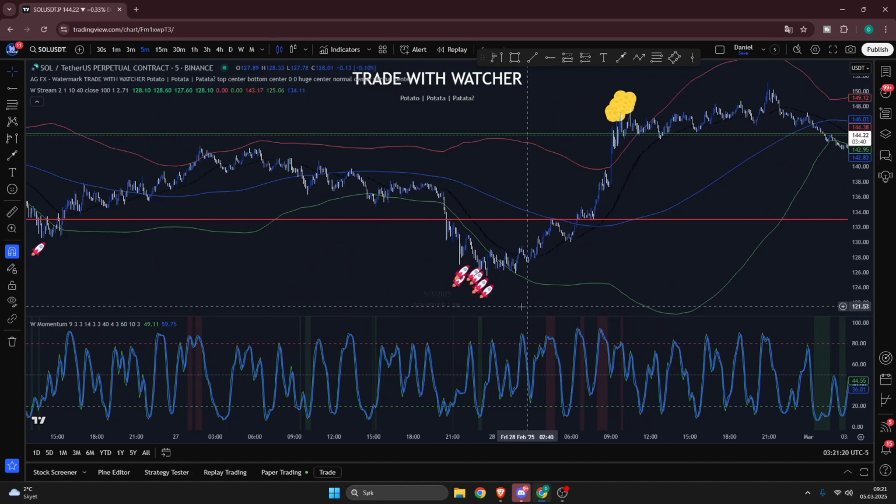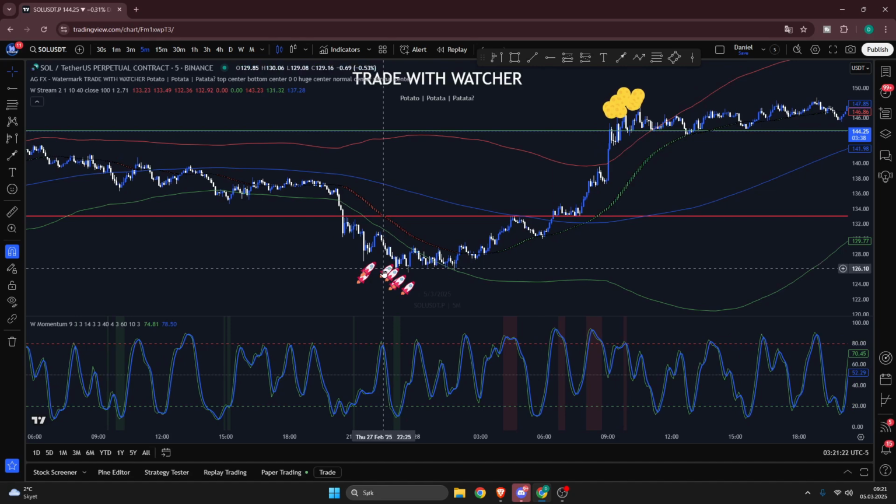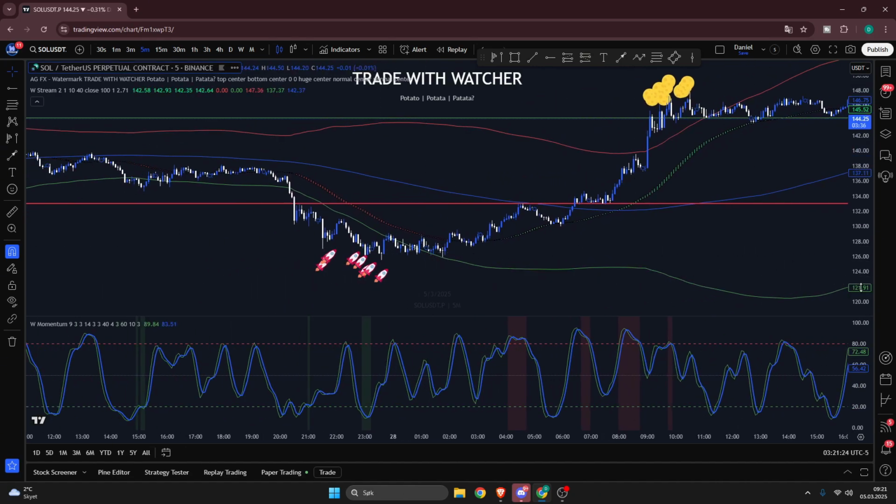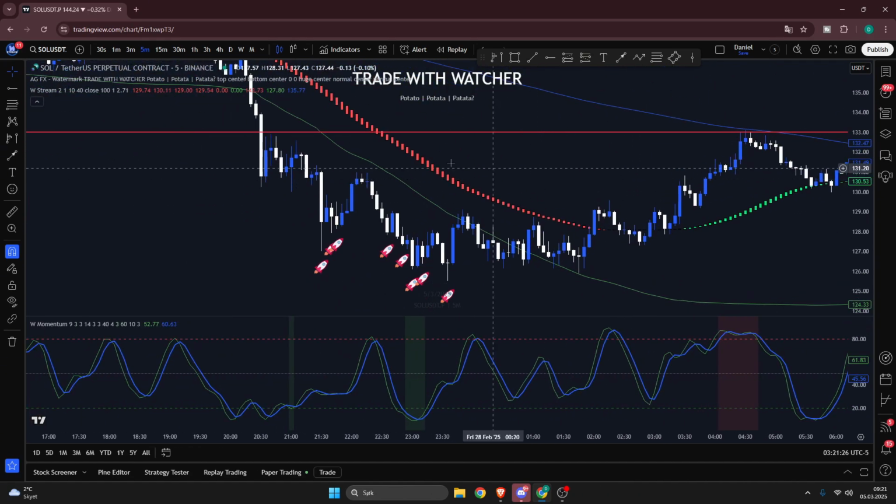So let's see here. Did we get any divergence right here? This is a good example right there. Price coming down, looking for price to give us some kind of momentum decrease in here. You can see that this low right here, and then price made a new lower low right here, and then price started to go to the upside. It didn't give us any lower lows in here. It gave us higher lows, basically.